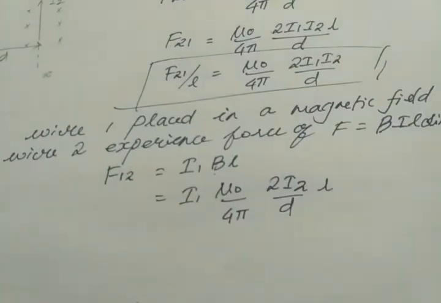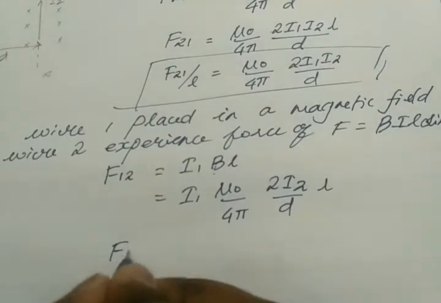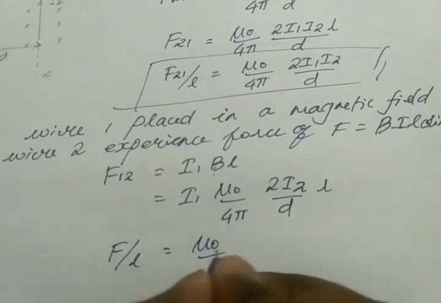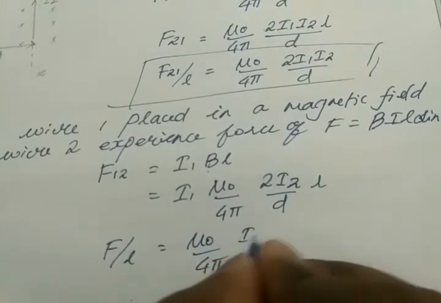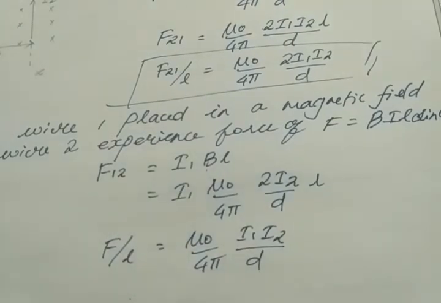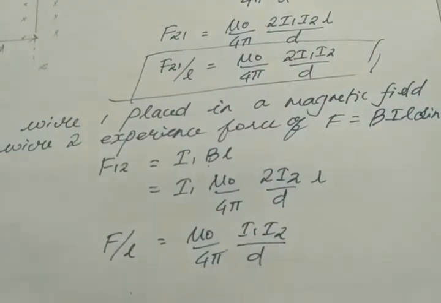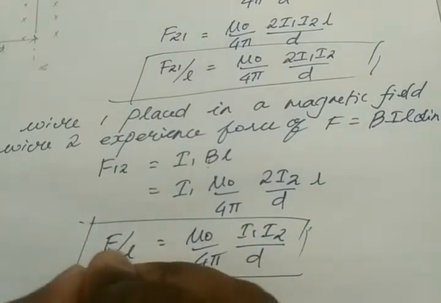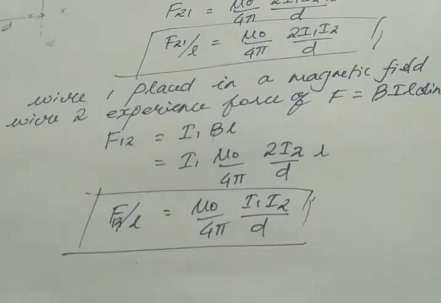So we can write this equation as force per unit length will be equal to mu naught by 4 pi 2I1 I2 divided by D. So this is my final equation. Here I can write force on wire 1 due to 2. Clear?